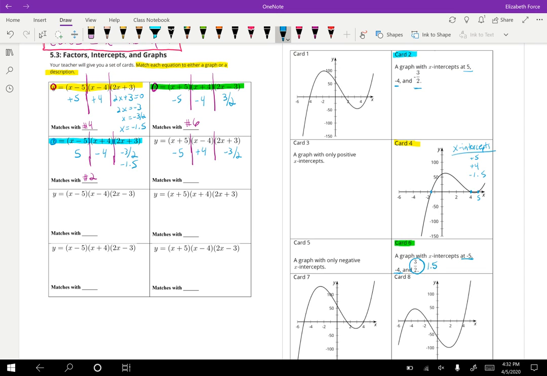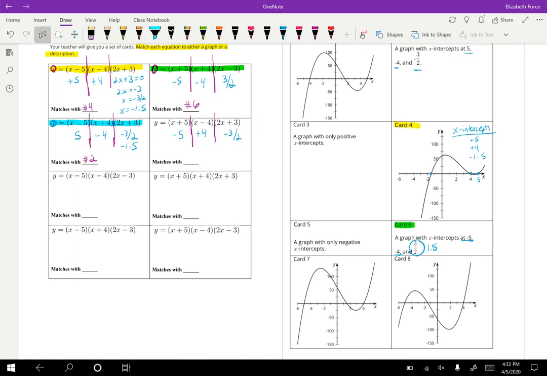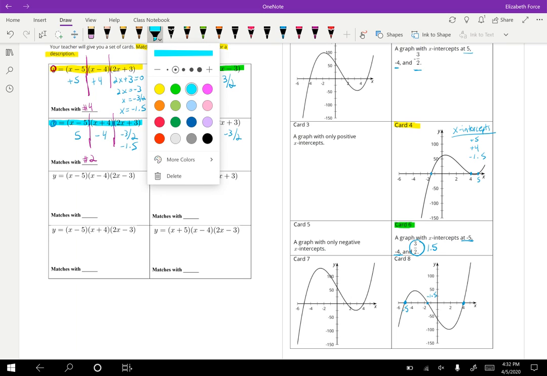So we're looking for a graph with x-intercepts at negative 5, positive 4, and negative 3 halves. I've got a negative 5 right here, a negative 1.5 right here, and a positive 4. So that's card number 8: negative 5, negative 1.5, and positive 4.